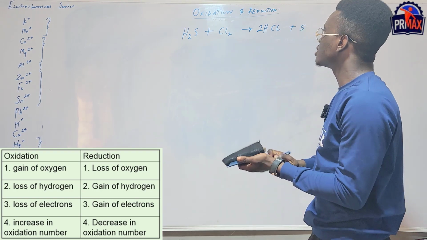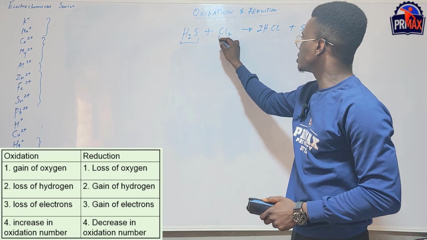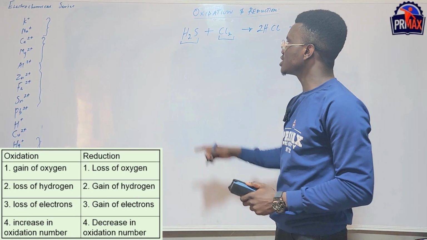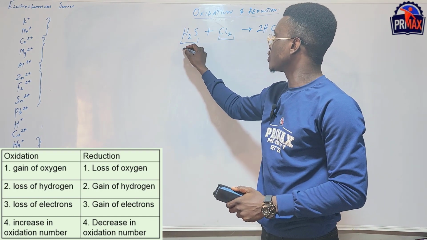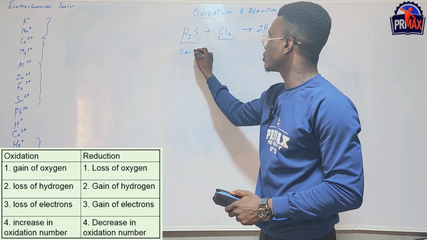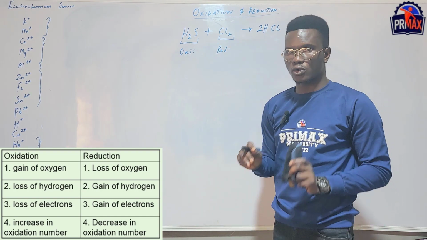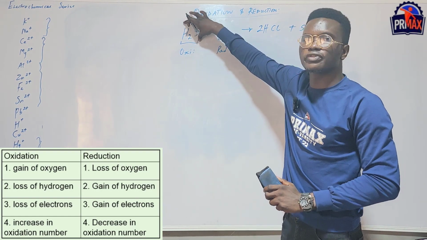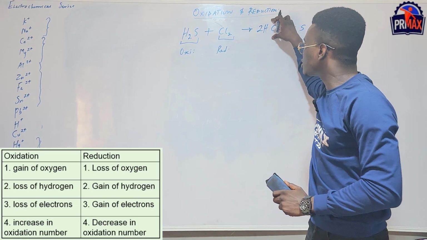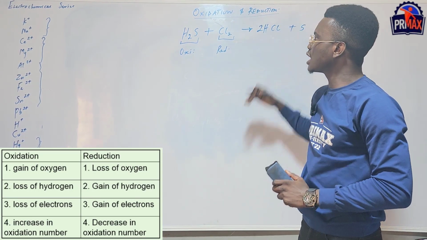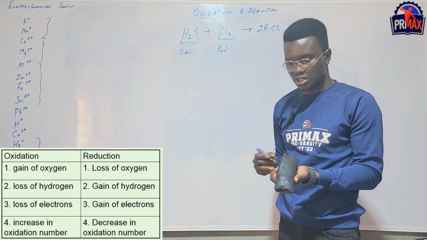If you look at this, we are removing hydrogen from H2S and adding it to chlorine. So H2S is undergoing oxidation, while chlorine is undergoing reduction. I hope that is clear. We removed hydrogen from hydrogen sulfide, added it to the chlorine gas, and produced hydrogen chloride and yellow sulfur.